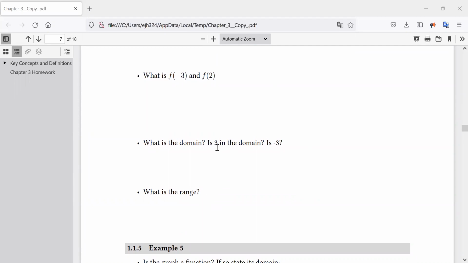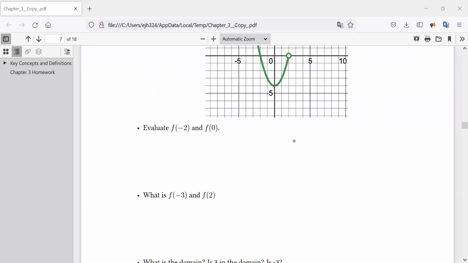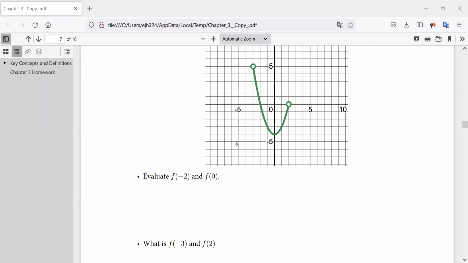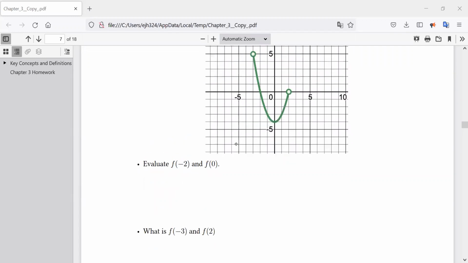So what is the domain for this guy? Well, it's just everywhere this function is defined, right?